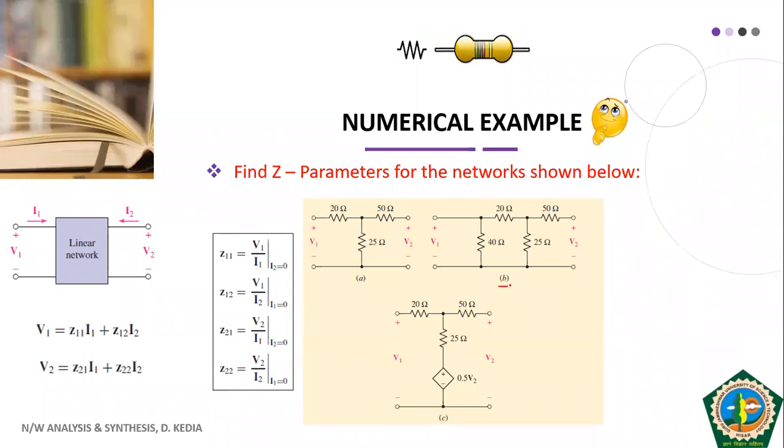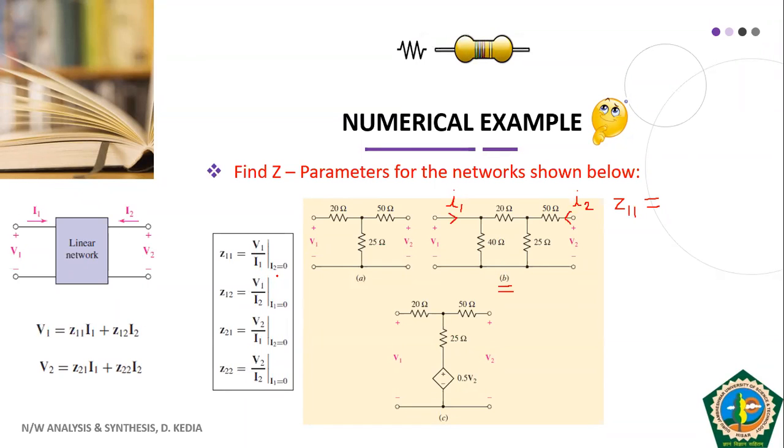So students, now we will solve Z parameters for this second network. Let us now find out Z11. I told you Z11 is nothing but V1 upon I1, with I2 made 0. I2 is directed inside at the output port and I1 is directed inside at the input port.